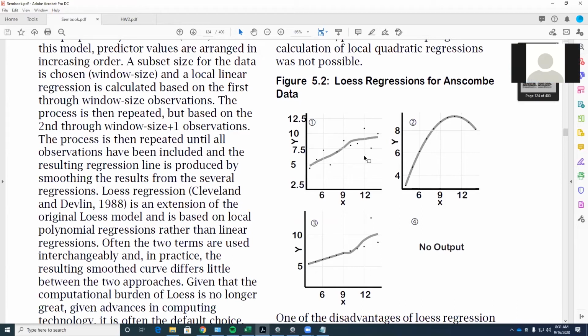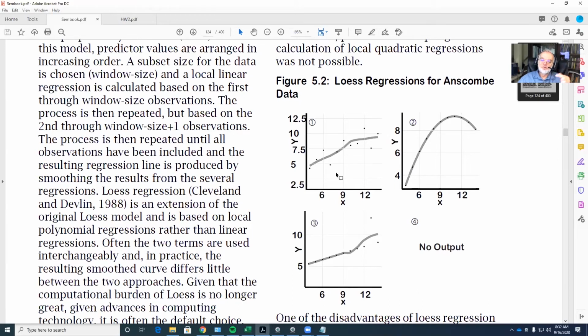The width of how large a chunk of your data to take is called a window. If I used a window size that was all of the observations, I'm just going to recover a straight line. If I use a very small window size, I'm going to have something with a lot of bumps, valleys and peaks that are maybe not that relevant.